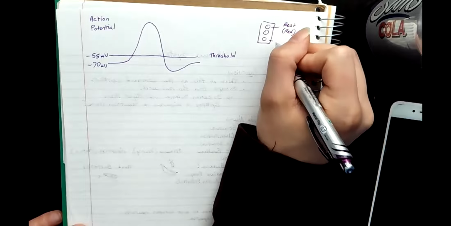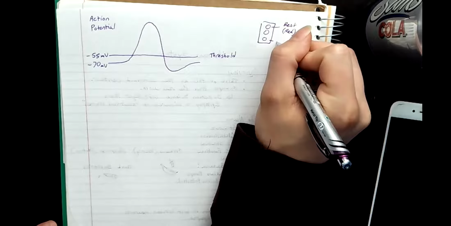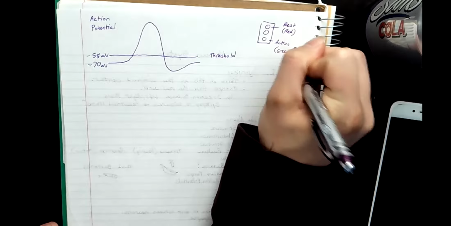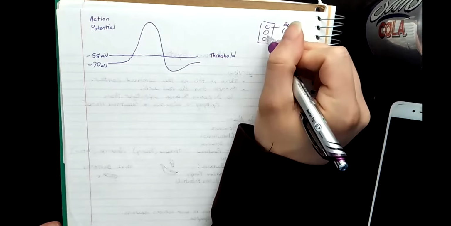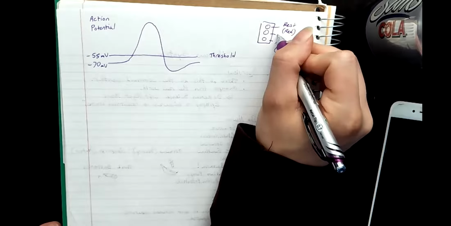And the action potential, whether it goes green, action, depends on the gradient here in the yellow.